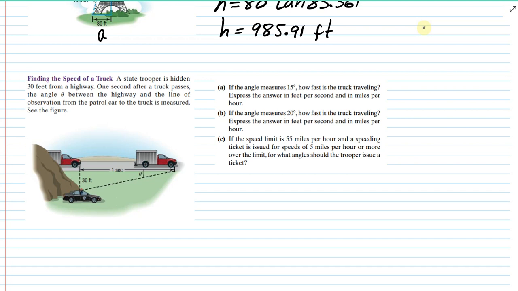Okay, and remember, this distance is fixed. The distance from the patrol car to the road is fixed. In part A, if the angle measures 15 degrees, so this angle is now 15 degrees for now, how fast is the truck traveling?